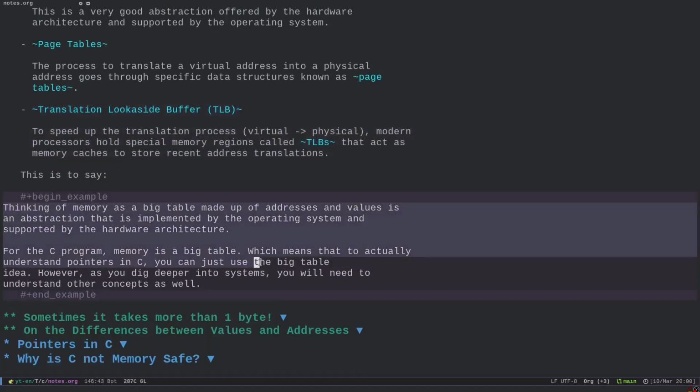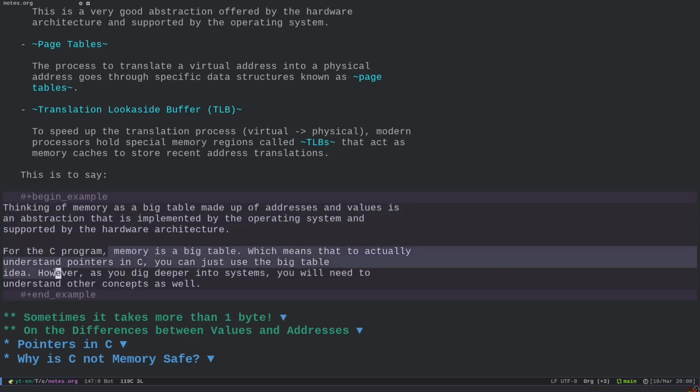Now, this is all to say that thinking of memory as a big table made up of addresses and values is an abstraction. It is implemented by the operating system and supported by the hardware architecture. For the C program, memory is a big table, which means that to actually understand pointers in C, you can just use the big table idea.